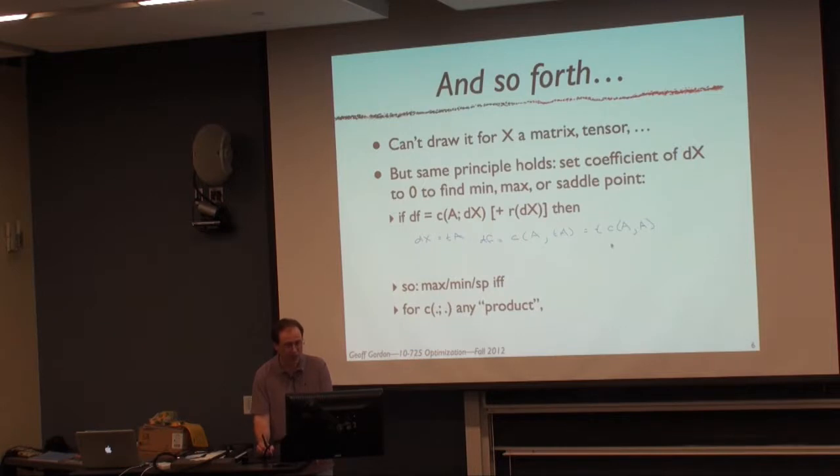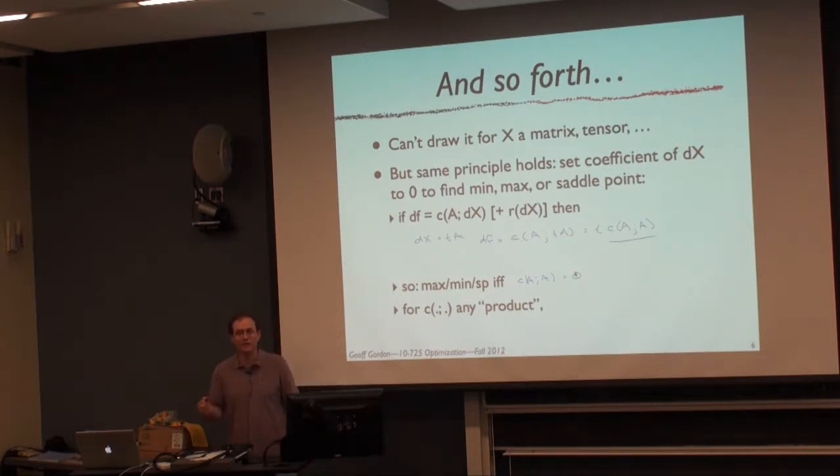And so we are at a maximum only if this thing is 0, because if it is non-zero, then we can pick a small t such that we get a small increase in the function value. So we're at a max, a min, or a saddle point if and only if c of a and a is equal to 0.